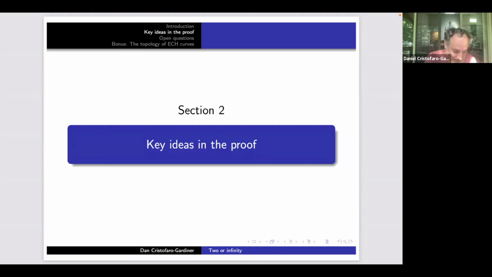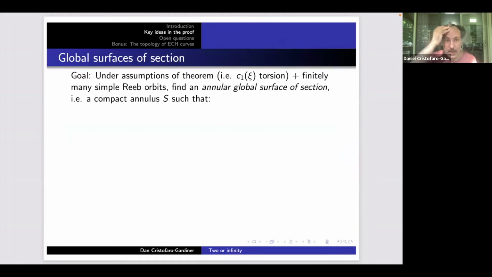It's a long and technical proof, so I don't think I will be able to explain the entire proof, but I want to tell you about the key ideas and give you a sense of how it goes. All right, so let's first try to clarify the basic strategy, to put this in some context.